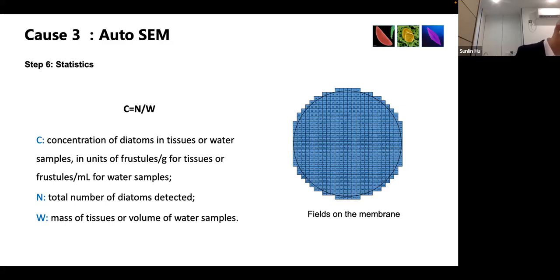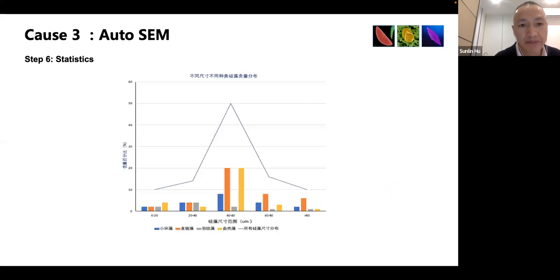We use this formula to calculate the concentration of diatoms in tissue or water samples, where C is the concentration of diatoms in tissue or water samples, N is the total number of diatoms detected, and W is mass of tissues or volume of water samples.